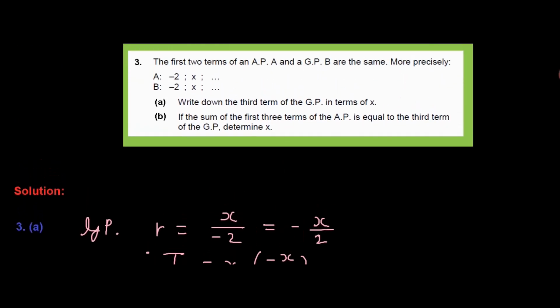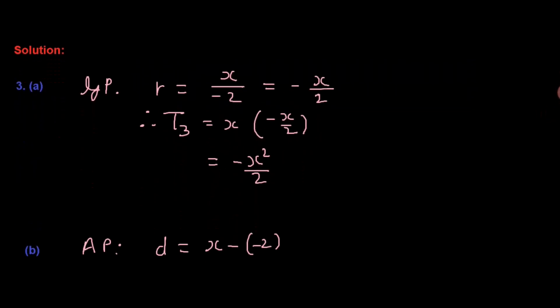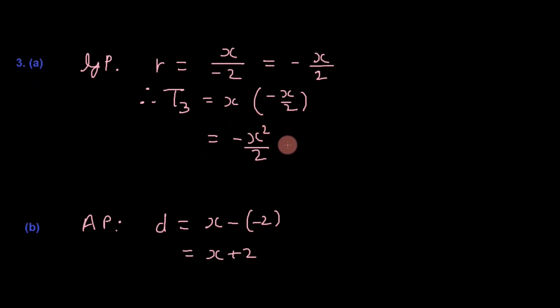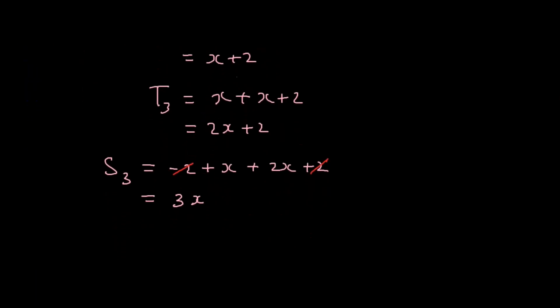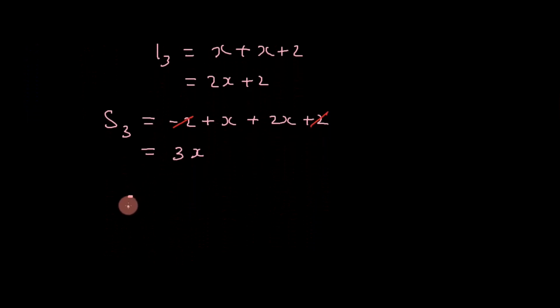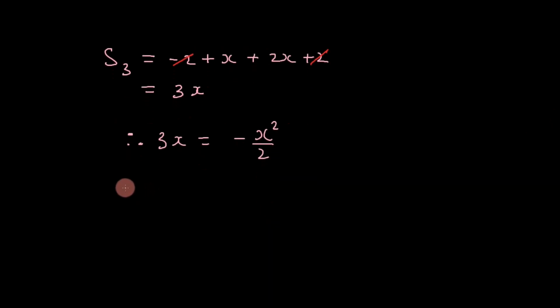Now, the sum of the first 3 terms of the AP is equal to the third term of the GP. We already have the third term of the GP from part A of the question. So that means that 3x must equal negative x squared over 2. And we need to solve for x in this equation. We can multiply through by 2 to get rid of the fraction here.